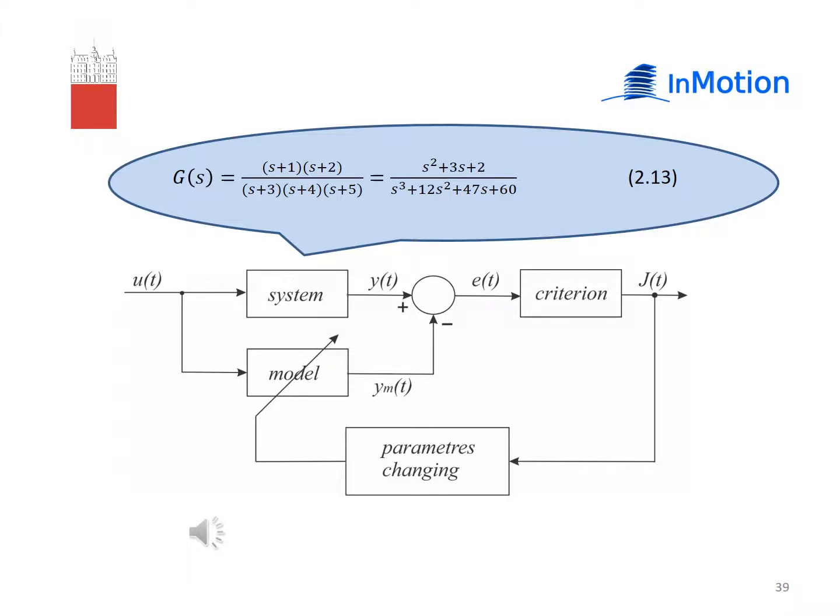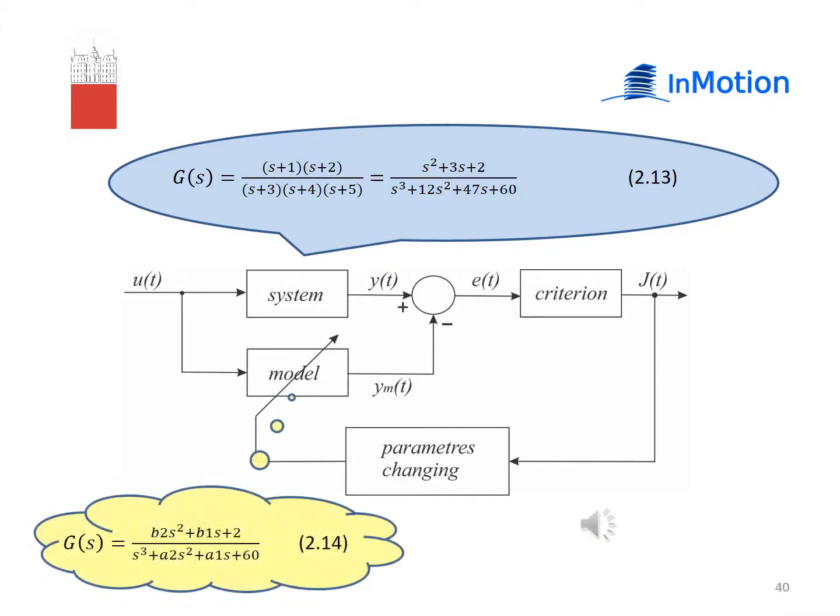Let's illustrate how it is possible to solve such an optimization problem using MATLAB and Simulink. Suppose the system is in this case known and defined with the equation 2.13. The structure of the corresponding system was estimated correctly together with two parameters as is presented with the equation 2.14.